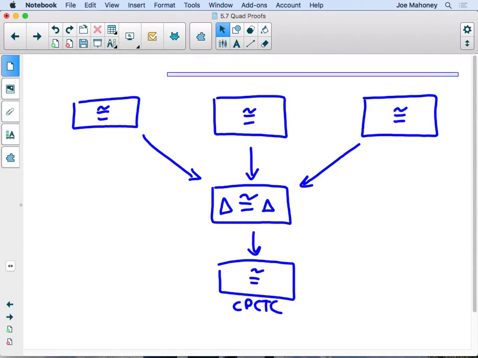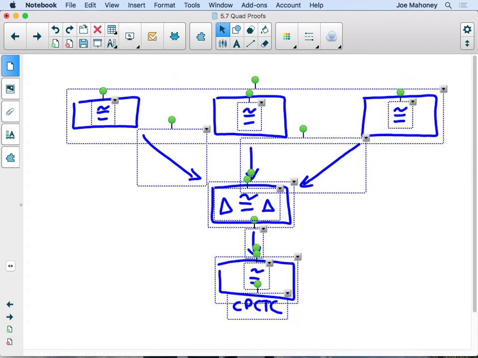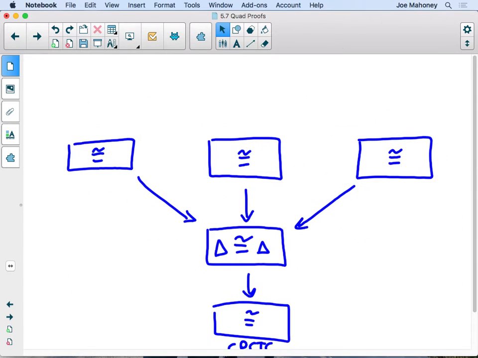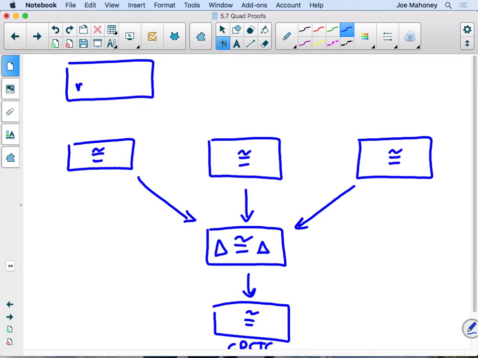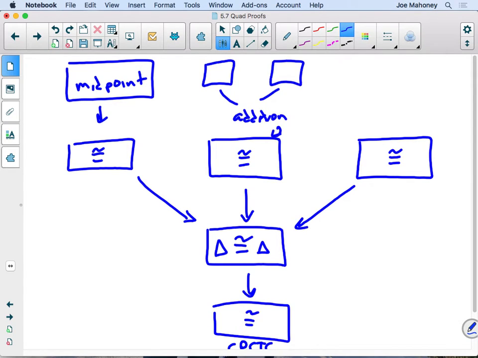Let me just do something really quick. Let me pull all this and just move it all down a little bit. So you're always going to have that. Now, does that mean that before you might have something? Maybe you're given a midpoint in here. Well, that's going to lead you to your thing. Maybe you have two other segments that are congruent, and you can do some addition to get that congruency in there.